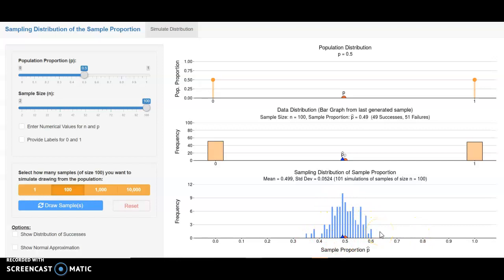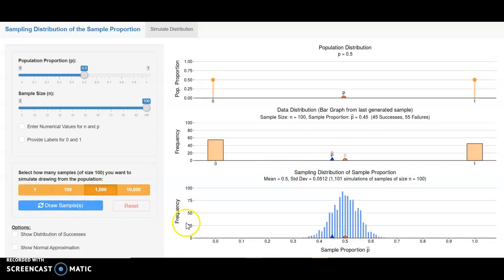They're much more compact. So this actually is showing that our sampling variability, how far all these different ones are spread out, is much less with the sample of 100. You could also see our mean, 0.499, really close to 0.5 really quickly. So if I do 1,000 more, you still see this nice normal curve starting to form, but I still see nothing at these ends.